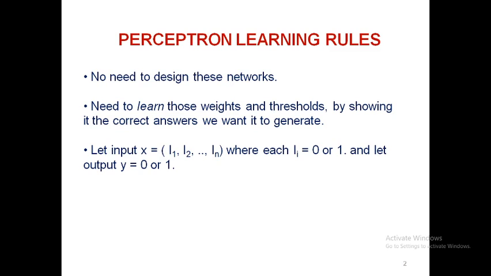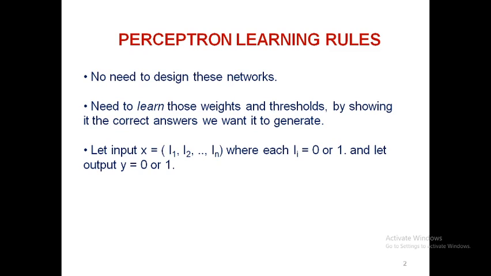Then, to get that required output, every time we need to verify the obtained output. If the obtained output is not equal to the required output, then we need to adjust the weights and thresholds.